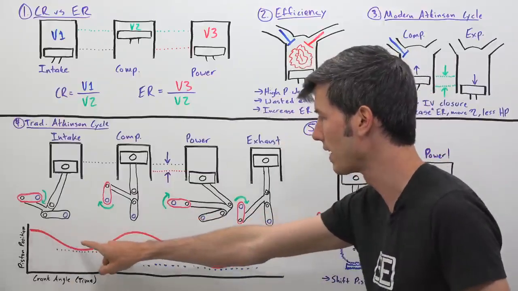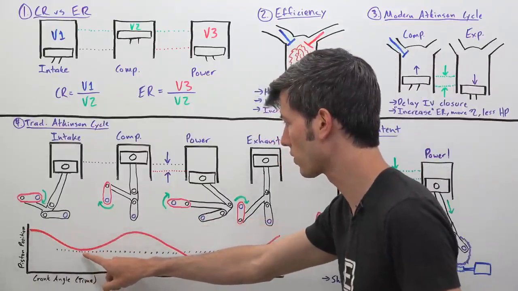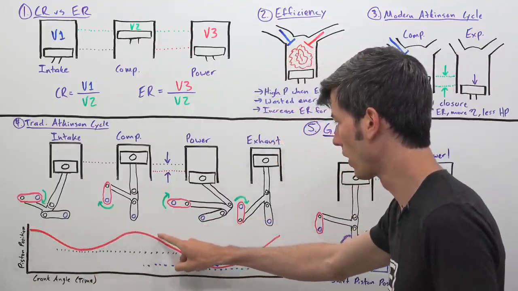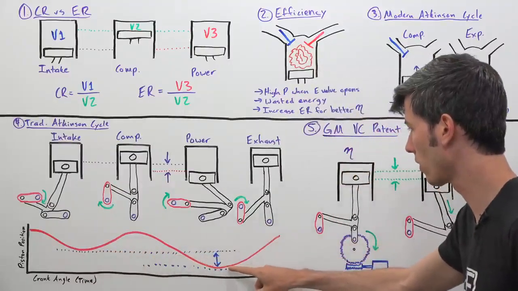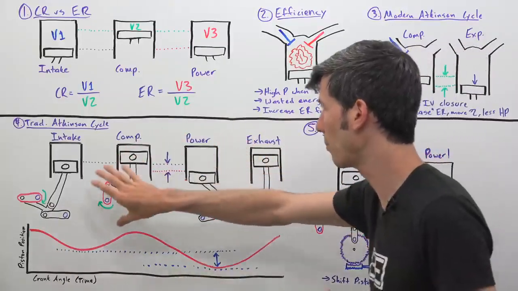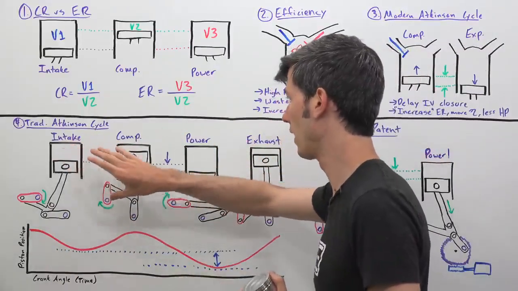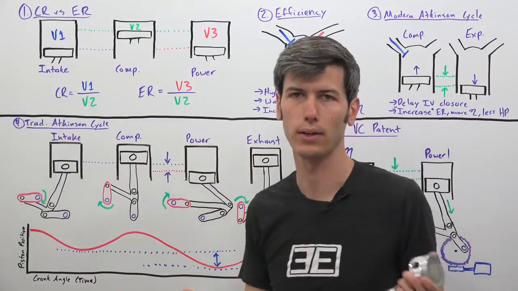And so if you were to trace the position of that piston, you can see it comes down for the intake stroke, back up for the compression stroke, goes further down than it did for the intake stroke for your expansion stroke, and then back up to the beginning of your intake stroke. And so you have that independent intake stroke distance versus your power stroke distance, which allows for greater efficiency.